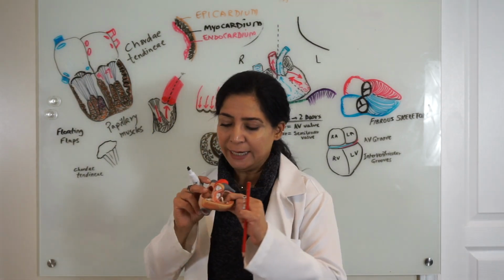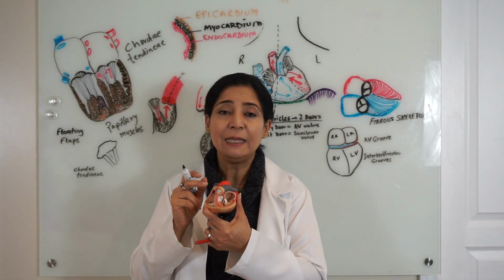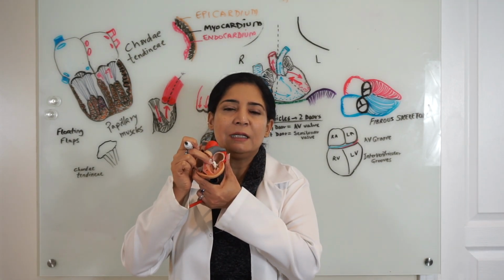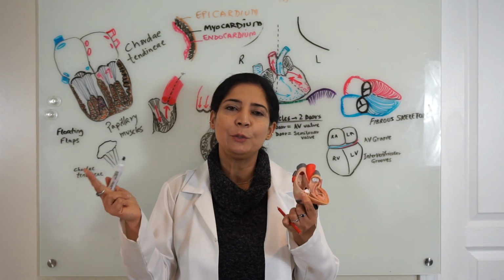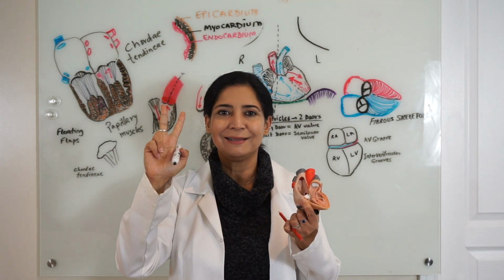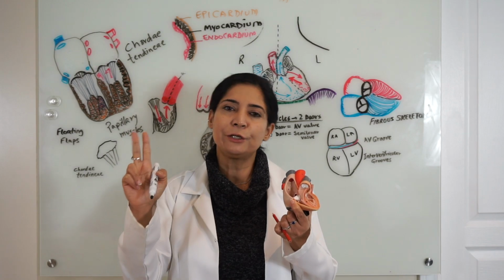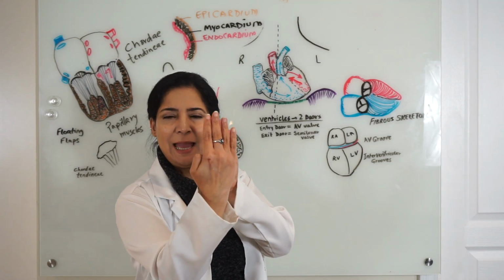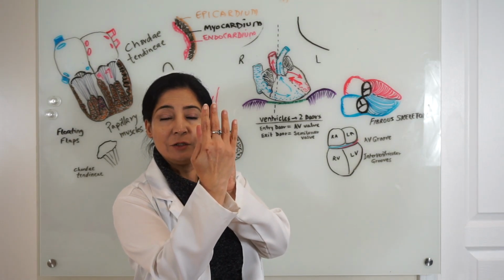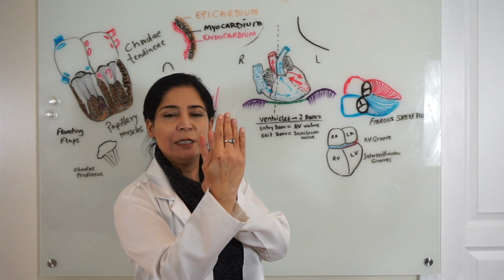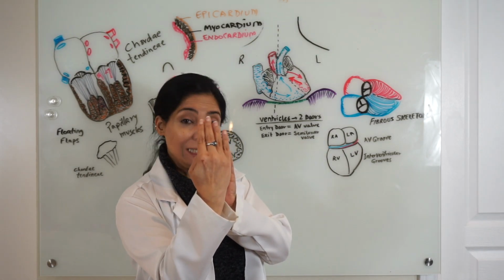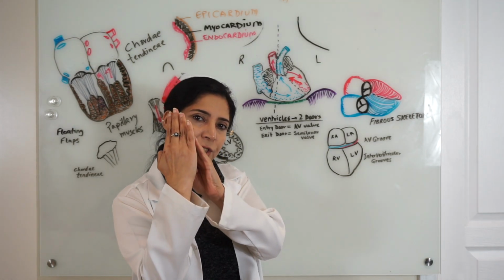Now on the left side we have the bicuspid valve. The name is telling you that there are 2 parachutes. There are 2 cusps instead of 3. Imagine my hands are representing the 2 cusps of the bicuspid valve. So the anterior cusp is larger than the posterior cusp.